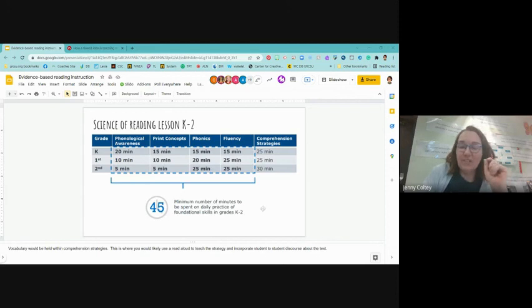We need to make sure somehow, and I know how impossible this can be, that we have 45 minutes that are spent just in those phonological awareness, print, phonics, and fluency pieces. That is where the majority of our time in K, 1 and 2 needs to be.